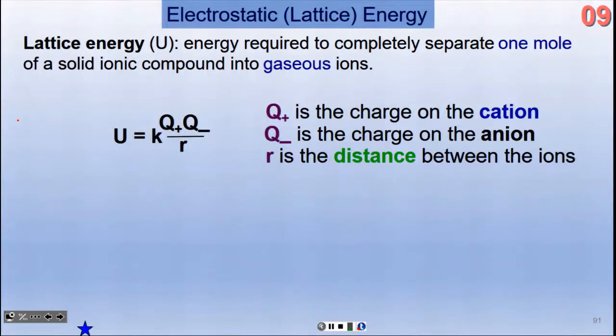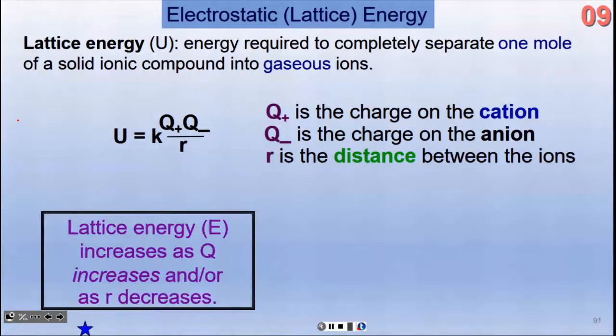So if it's related to these things by a law called Coulomb's law, what is the result? The lattice energy is going to increase as the charge increases. So the bigger the value of Q, the bigger the value of the lattice energy.